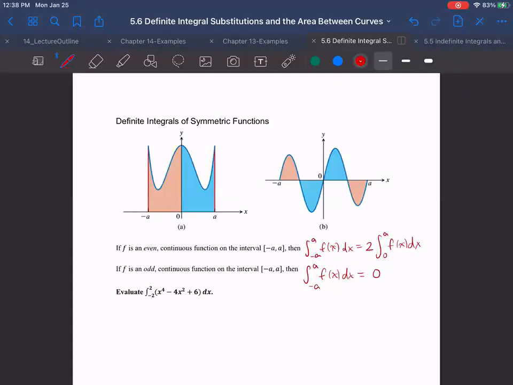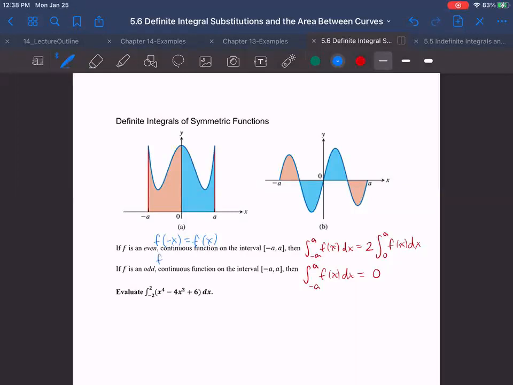Can be, but not necessarily. Without looking at the graph. All right, even functions: f of negative x equals f of x. Plug in negative x into your function everywhere there's an x and see if, once you square everything and cancel it, it turns out to be the same as the original function.